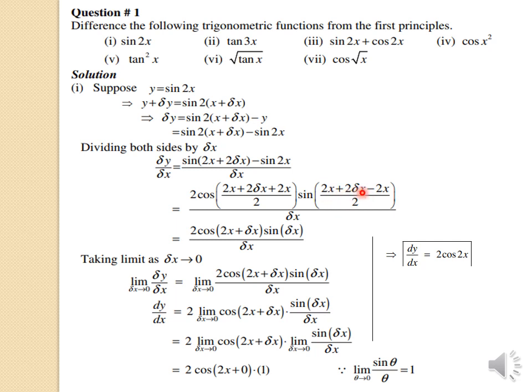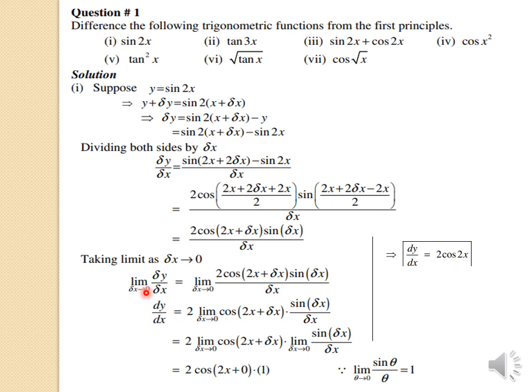Similarly, in the next step, alpha minus beta, where alpha is 2x plus delta x and beta is 2x. After simplification, 2x plus 2x is 4x; it was a typing mistake, it is basically 4x. And 2x and minus 2x cancel out, then only delta x is left, and in the denominator only delta x is left.